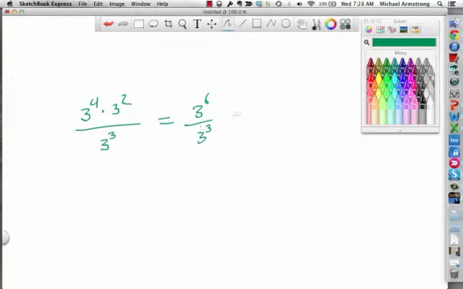We kind of skipped that step again, and then we're going to skip the next step too. 6 minus 3 is 3, so it's going to be 3 to the 3rd power. We skipped this step where we did 3 to the 4 plus 2, and we skipped this step where we did 3 to the 6 minus 3. So, okay, very cool.